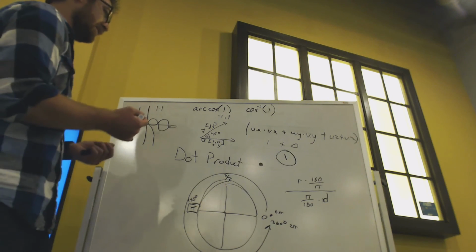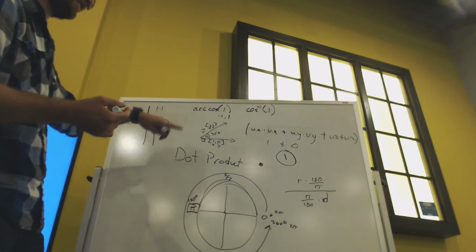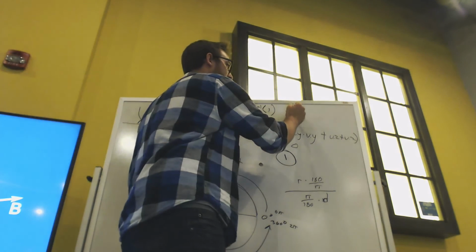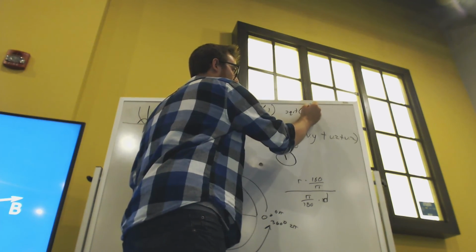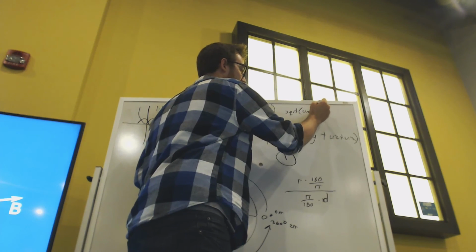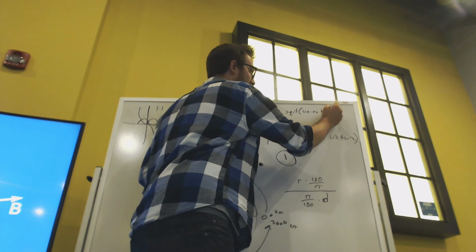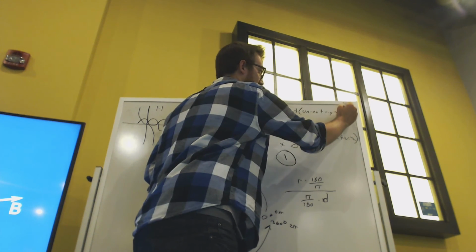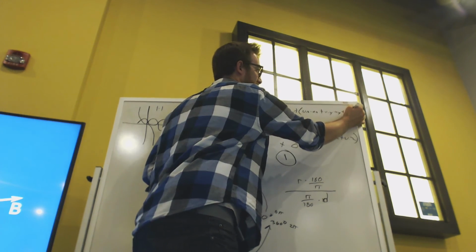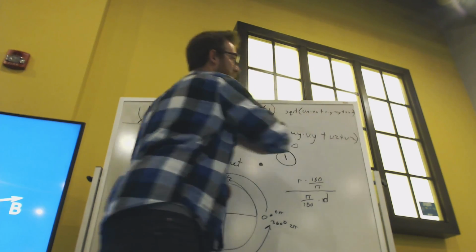You do the exact same thing for the length, which is that square root: u.x times u.x plus u.y times u.y, and then plus u.z times u.z.